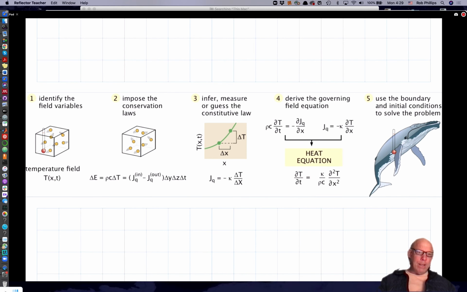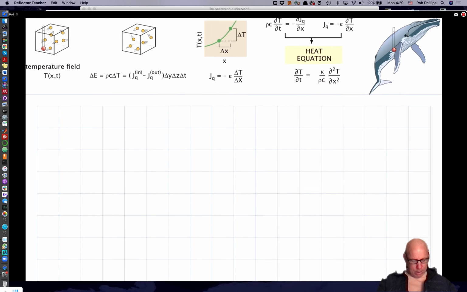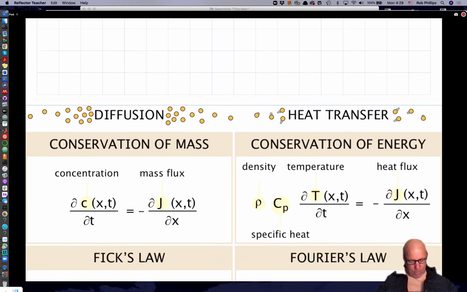And what's wild about that is that it means once you've solved a diffusion problem, you've solved a corresponding heat problem, which I think is very powerful.